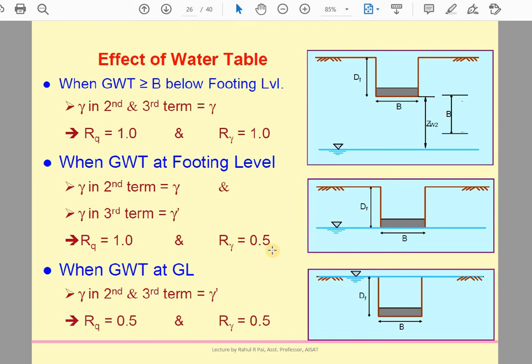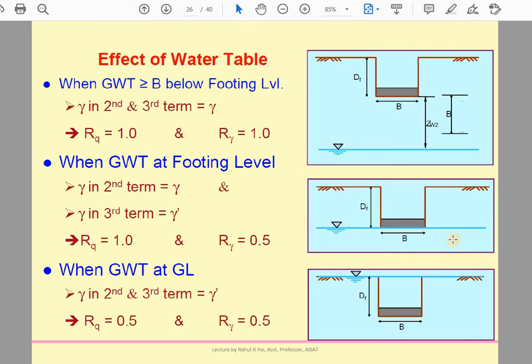Either you use the gamma dash for this term, that is, for the third term of the bearing capacity equation, or you can use 0.5, because approximately we take the gamma dash as 0.5 gamma, which I already explained in the previous lecture. So either you can use the gamma dash in the equation, or for better understanding, always take gamma dash as 0.5 gamma, because if complicated cases come, you will have confusion.